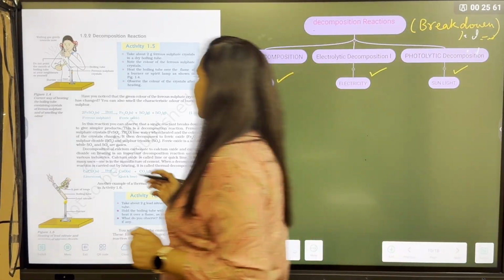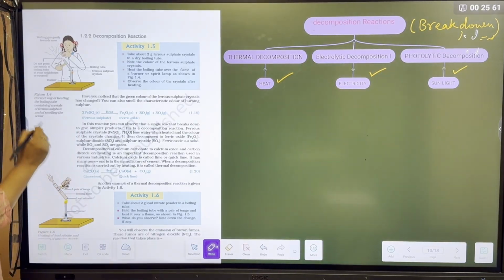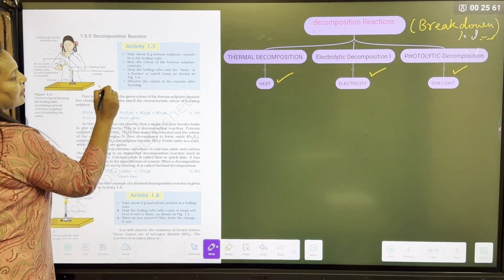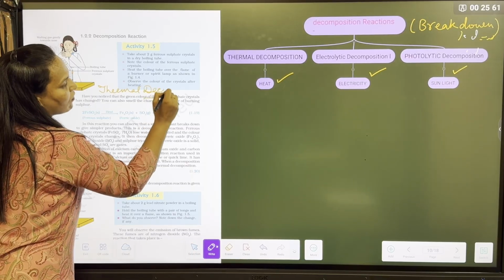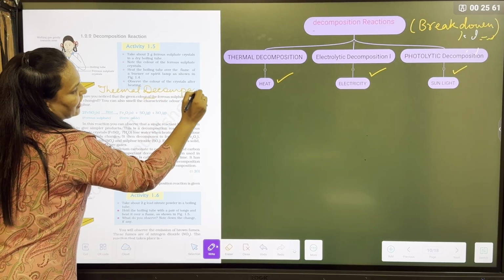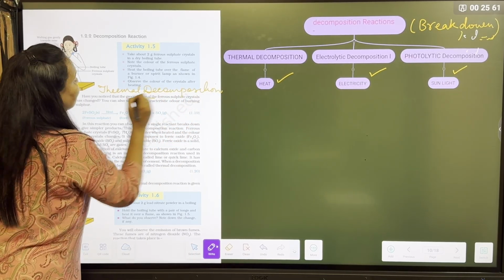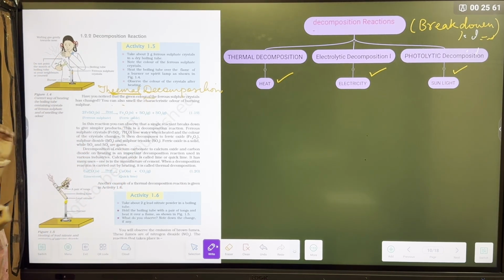So the first reaction, which is most important, is thermal decomposition. Thermal means heat. Everybody is clear with the word.